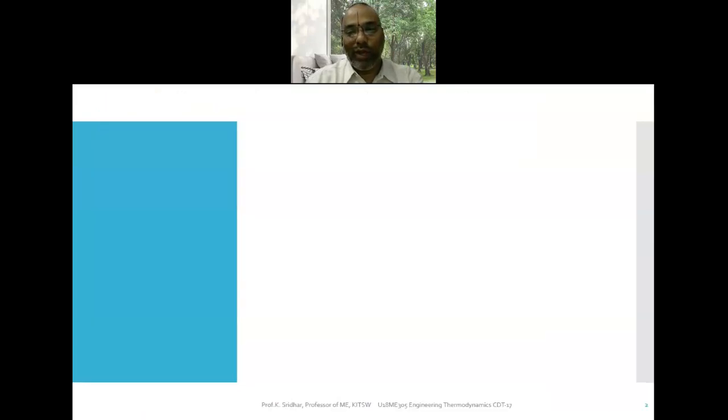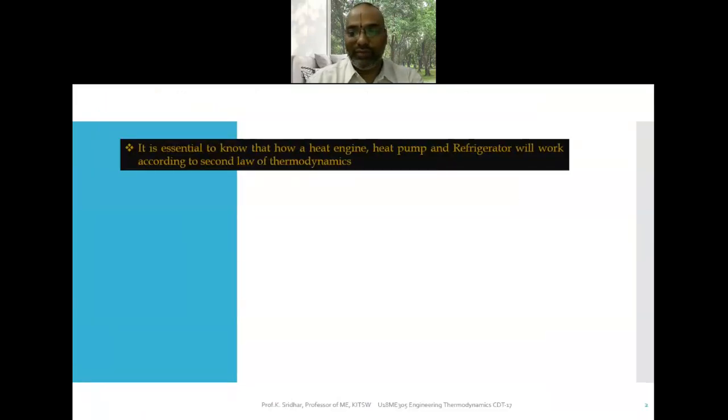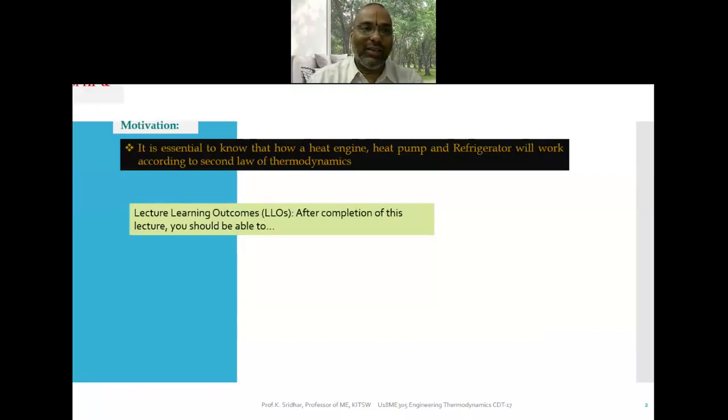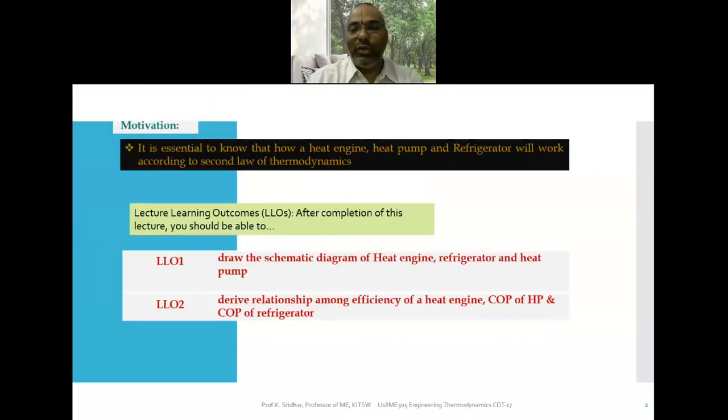Why do we have to study all these things? That is the motivation. It is essential to know how a heat engine, heat pump and refrigerator work according to the second law of thermodynamics.